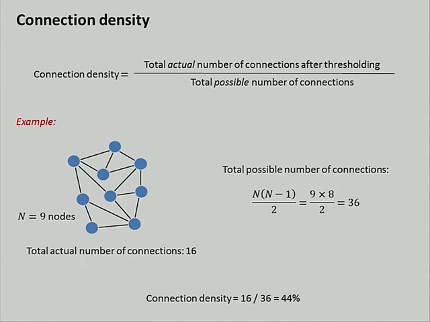So in this case, we have 9 nodes, and that equates to 36 connections. The actual number of connections after we've thresholded this toy network is 16, and therefore, the connection density is 16 on 36, or 44%. So the connection density allows us to quantify the severity of our thresholding. The lower the connection density, the more severe our thresholding operation has been.